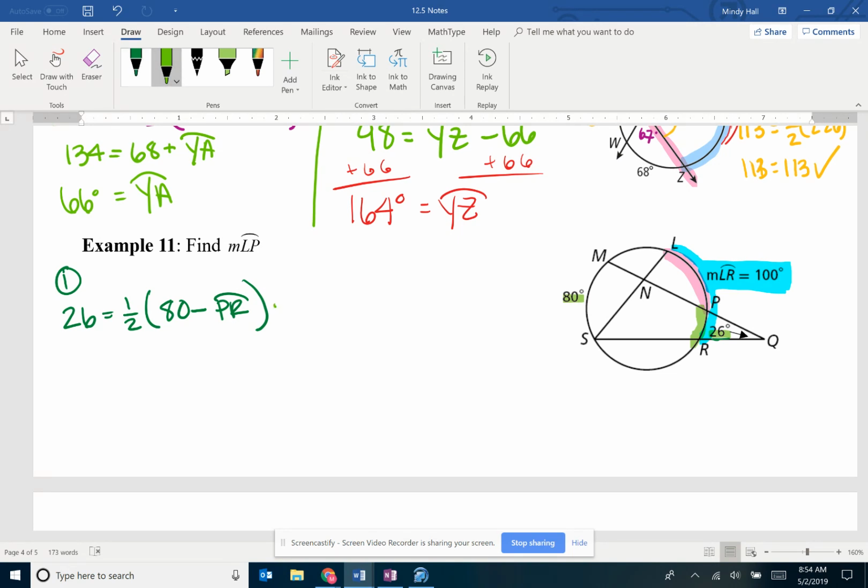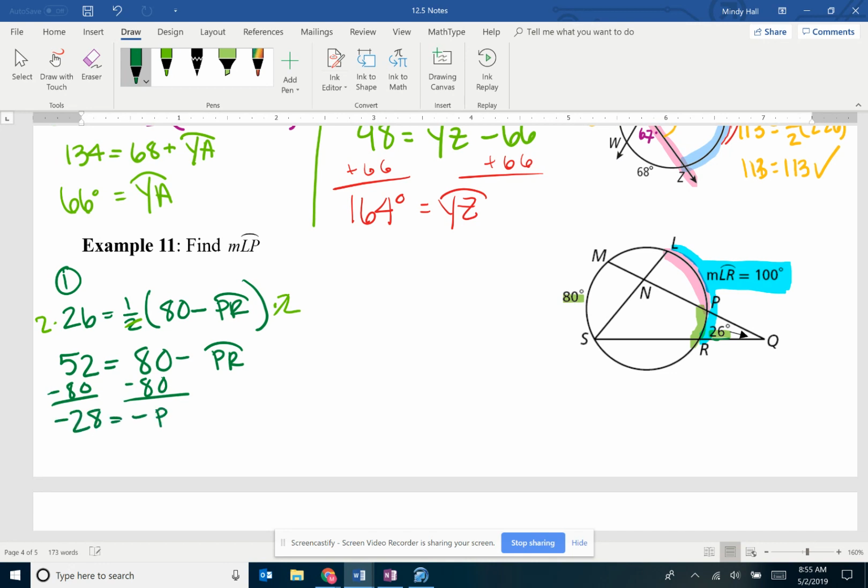So I would still multiply by 2 to cancel out that 1/2. So that gives you 52 equals 80 minus arc PR. So then you would subtract the 80, and that gives you negative 28 equals negative arc PR. So then when you divide by that negative, you get that arc PR is 28 degrees.